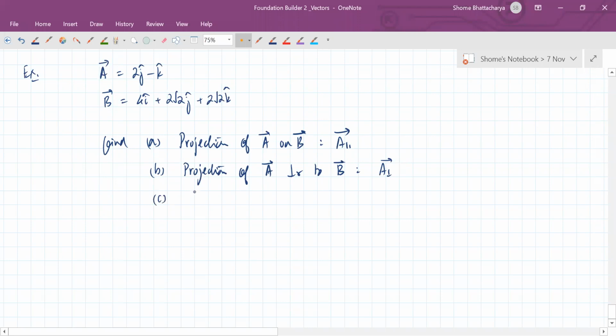And show that the magnitude of this should be A sine theta. Because it's perpendicular, no? Where theta is the angle between A and B. So this third part is a bit extra. We'll understand how to do it.